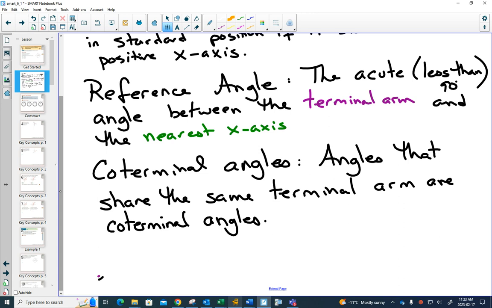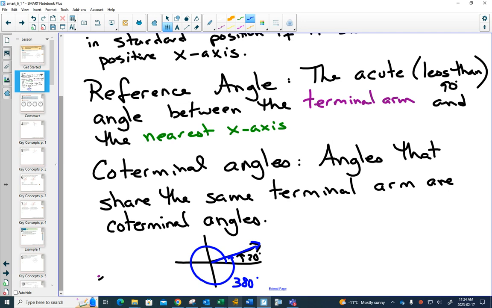So that would be, for example, if I drew 20 degrees here, can you see that if I went all the way around and ended in the exact same spot, that angle would be 380 degrees.